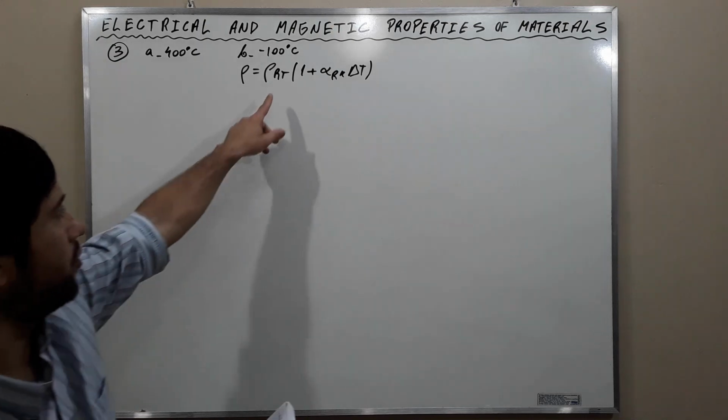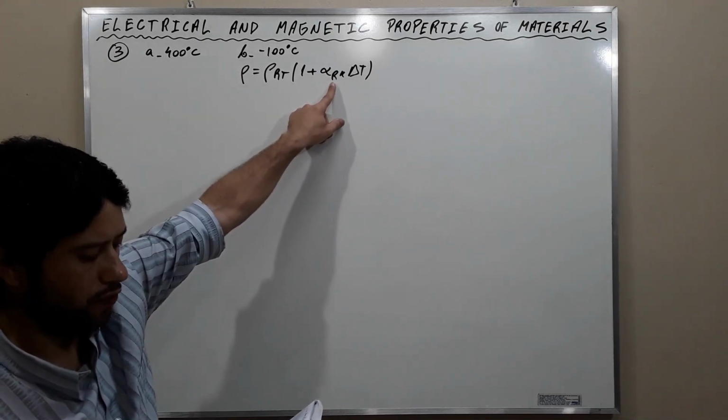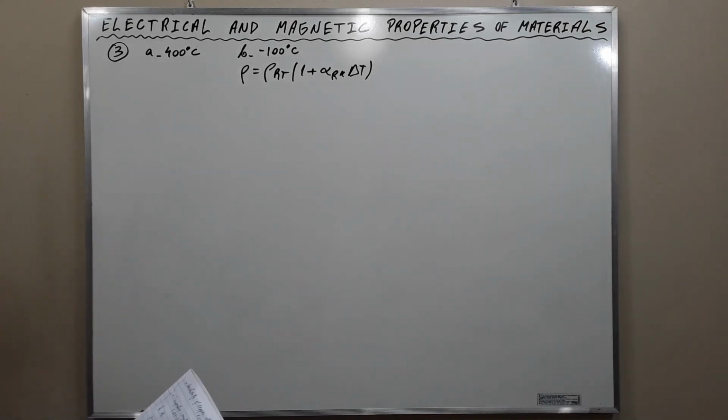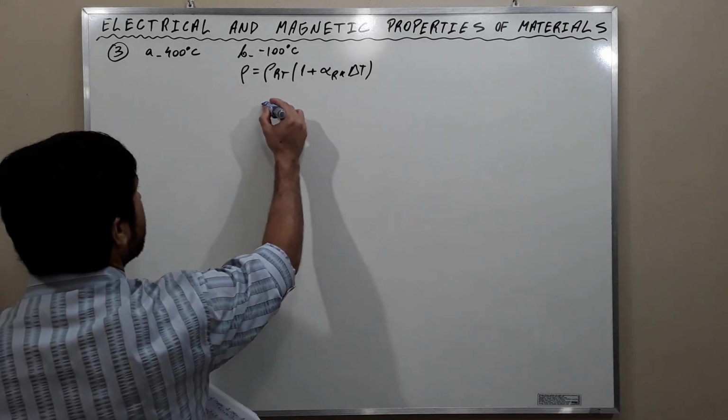The temperature resistivity coefficient of copper is 0.0043 per degree Celsius, and I think it is enough. Okay, we have all the data we need to calculate what the exercise wants us to calculate. Let's go to letter A.